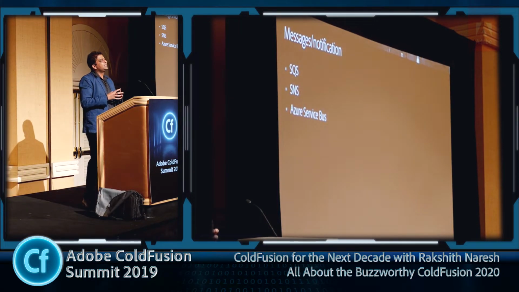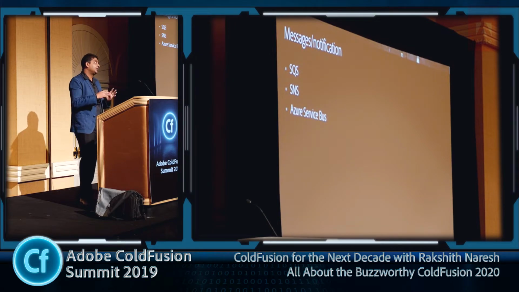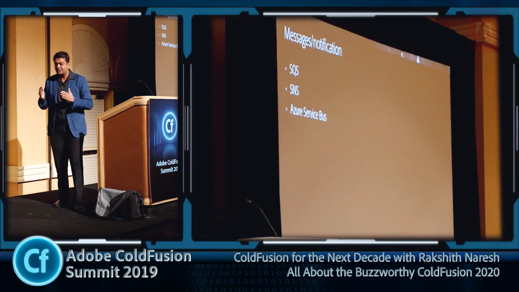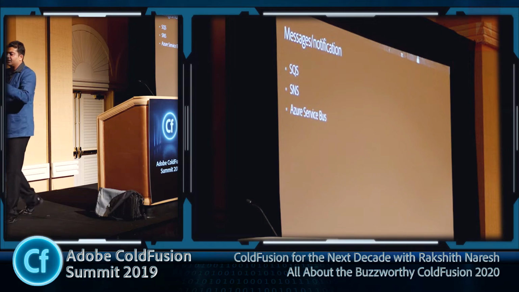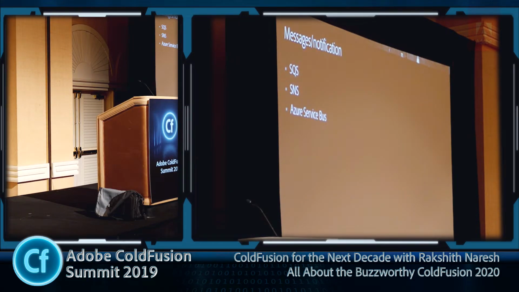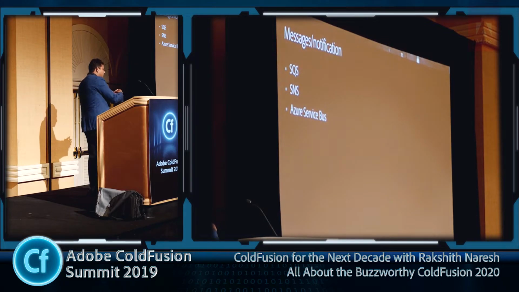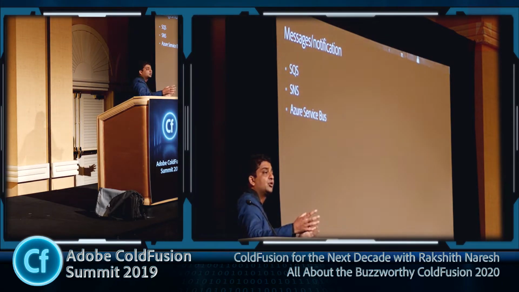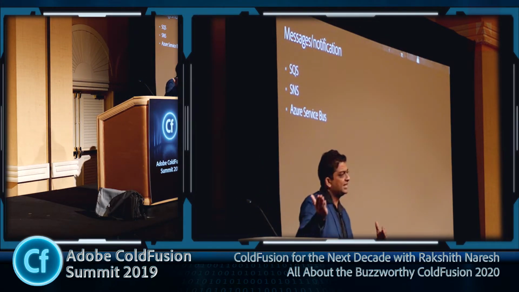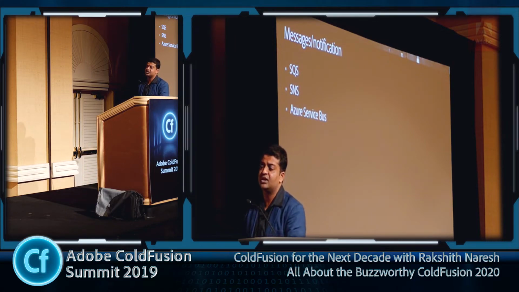The queue service is basically a producer-consumer kind of a scenario where messages are getting populated in the queue and a consumer is consuming stuff off SQS. SNS is notification. It's more of a publisher-subscriber kind of a model where you have one publisher publishing, but many subscribers who want to get notified. So that's SNS, which is Simple Notification Service.